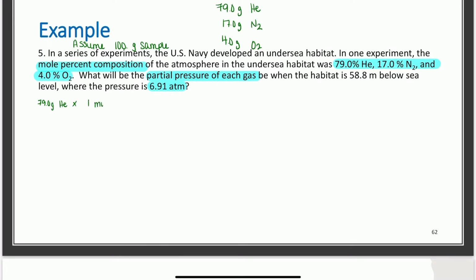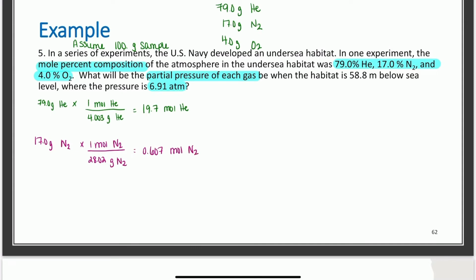Convert that to moles of helium. Helium is 4.003 grams per mole. 79 divided by 4.003 is 19.7 moles of helium. 17.0 grams of N2, times one mole of N2 divided by 28.02 grams of N2, gives me 0.607 moles of N2.